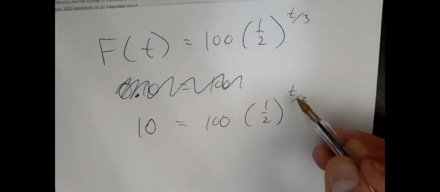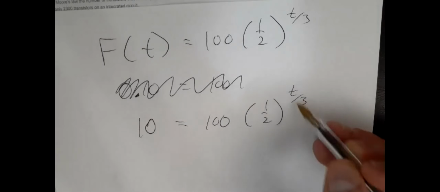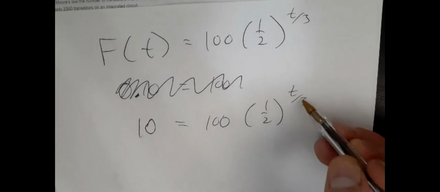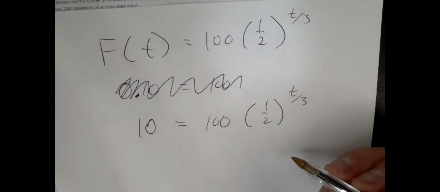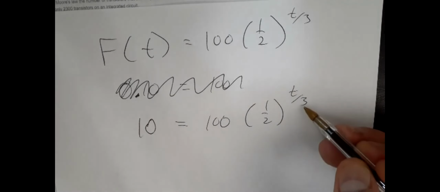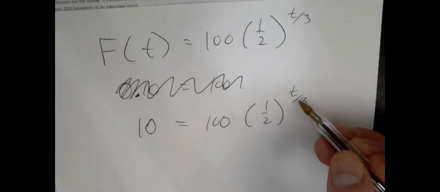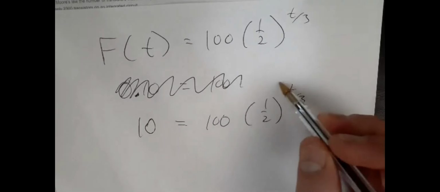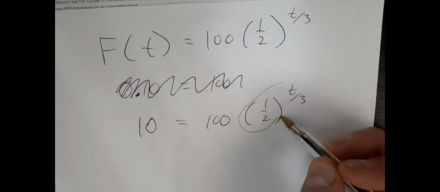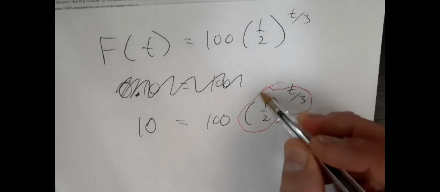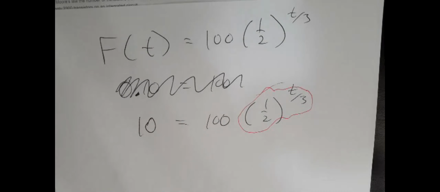What's the base on this thing? The base for this exponent is 1/2. I'm looking for the base in the exponent right here. This is my exponential. That is the thing I want to get by itself.